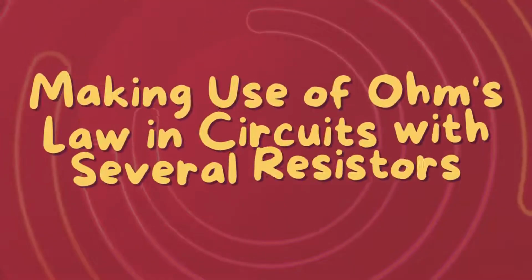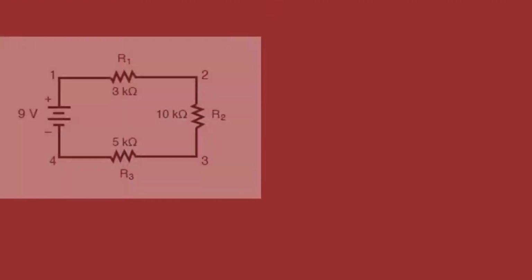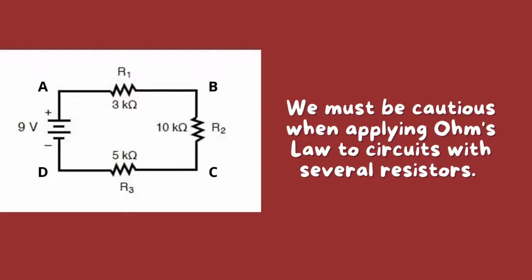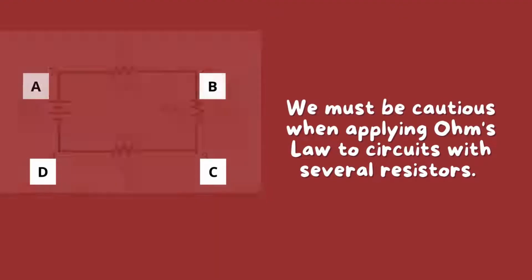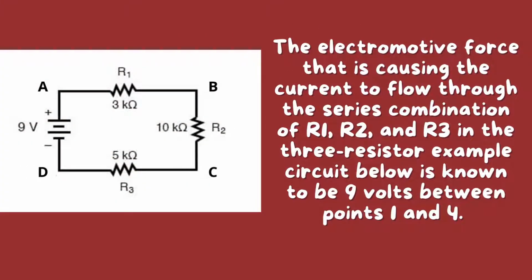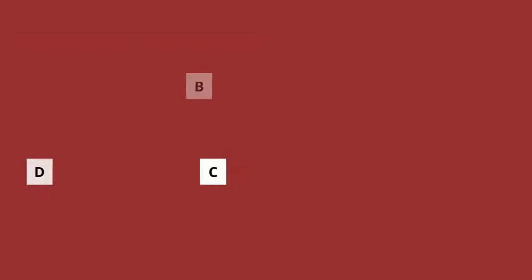Making use of Ohm's law in circuits with several resistors, we must be cautious when applying Ohm's law to circuits with several resistors. The electromotive force that is causing the current to flow through the series combination of R1, R2, and R3 in the 3-resistor example circuit below is known to be 9 volts between points 1 and 4.